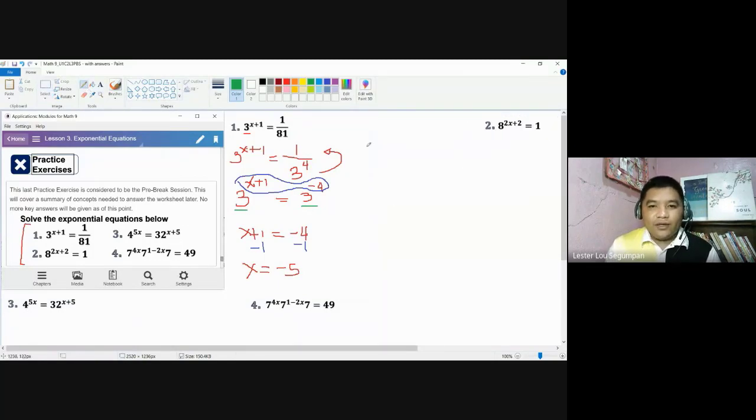So you have here 3 to the power of negative 5 plus 1 must be equal to, question mark, 1 over 81. Let's continue. So that's 3 to the power of negative 1, negative 5 plus 1 is negative 4. Is it still equal to 1 over 81?